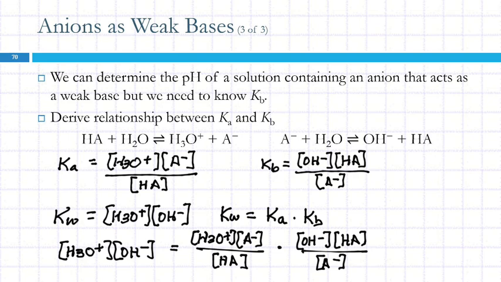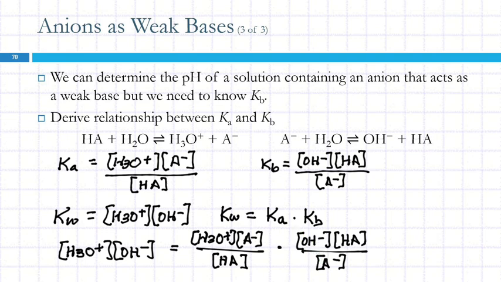Okay? I'm kind of cheating because I know what the final answer was. I think this might just make more sense. Kw equals Ka times Kb. So this is what Kw means. This is Ka. This is Kb.